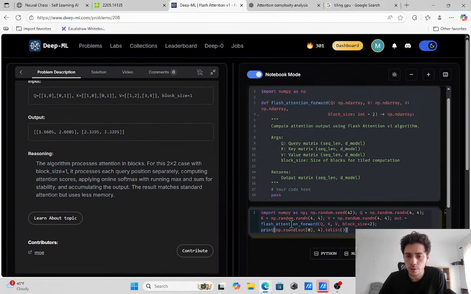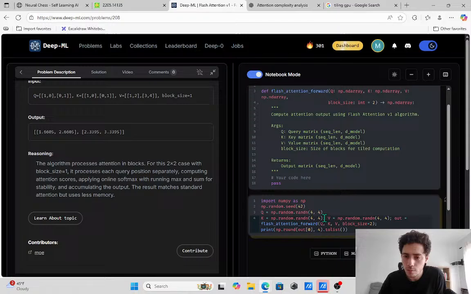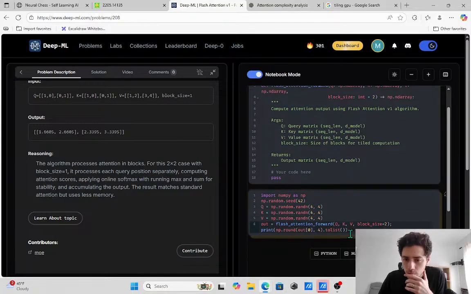Let's take the first test case. We have Q, K, V, which are 4x4 matrices.